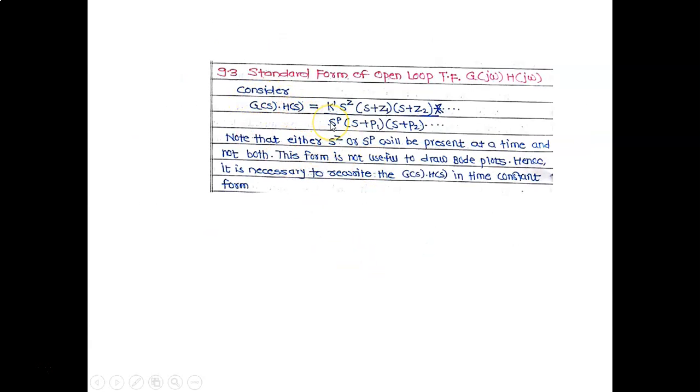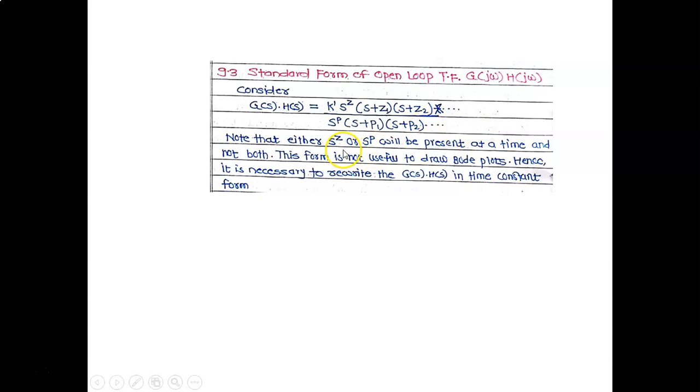Now, next point, standard form of open loop transfer function G(jω)H(jω). Consider G(s)H(s) is equal to K' into s raised to z into (s plus z1) into (s plus z2) into dot dot dot, divided by s raised to p into (s plus p1) into (s plus p2) dot dot dot.